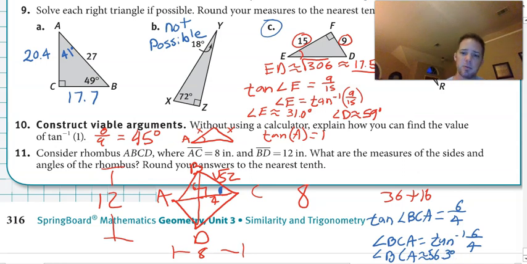So 56.3 degrees, and using triangle sum, the other one would equal 33.7 degrees for those last two. So the other angles would equal 56.3 degrees and 33.7 degrees.